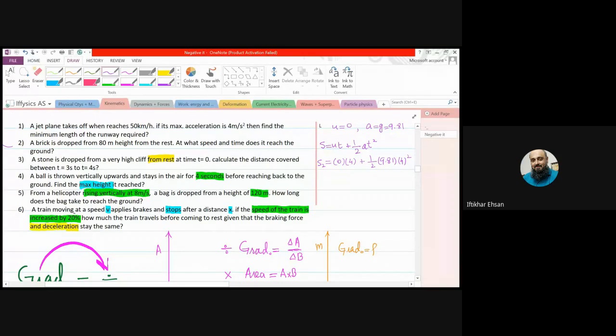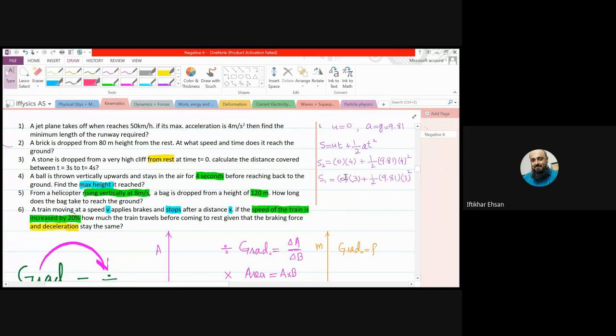Okay, so we should have first calculated the distance covered in the first 3 seconds, because we know only the initial velocity. So we always have to start from zero time up to the given time. We will first find the distance covered during the first 3 seconds. We will call it S1.